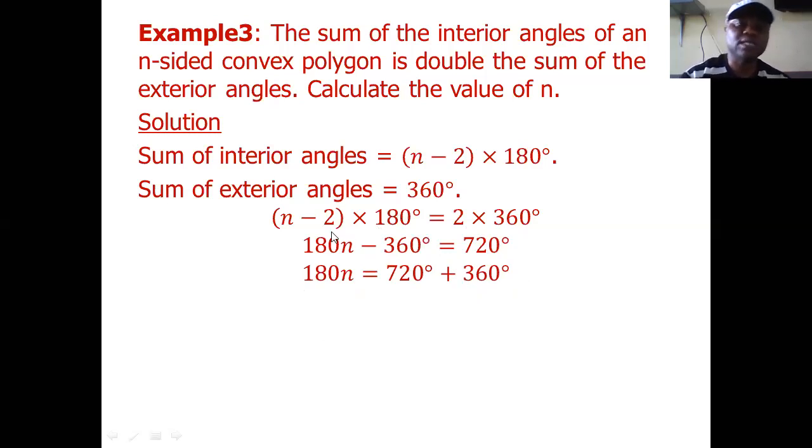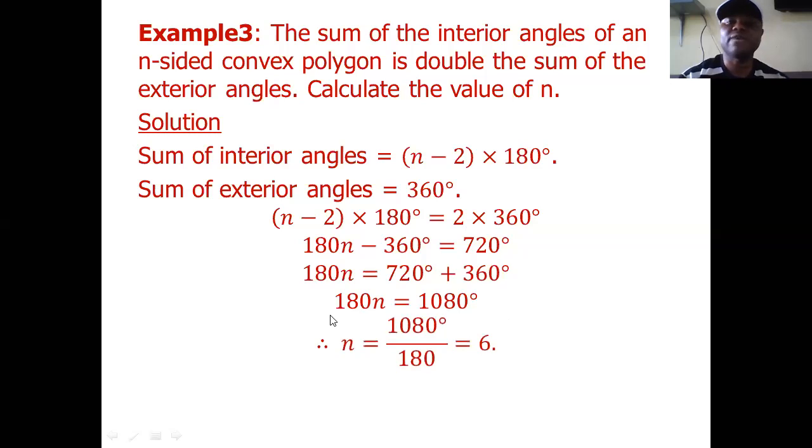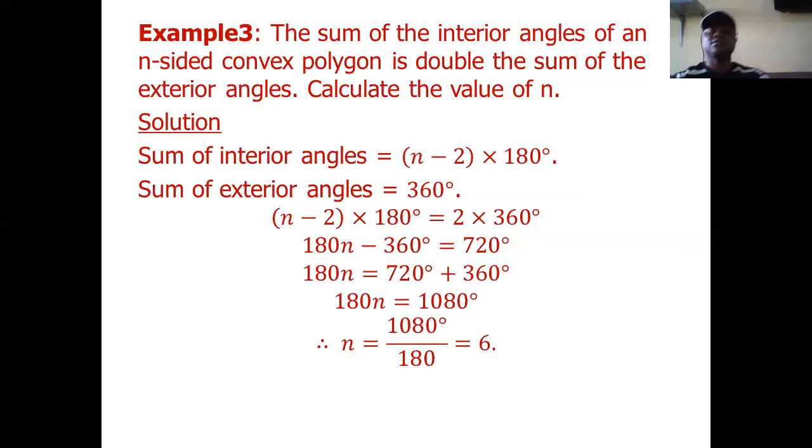Recall that 180 times n is 180n, and 180 degrees times minus 2 gives minus 360 degrees. When you add 720 plus 360, you have 1080 degrees. Now you divide both sides by 180 to have n be what? 6. So the value of n is 6.